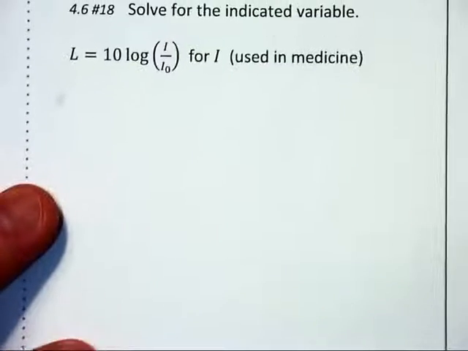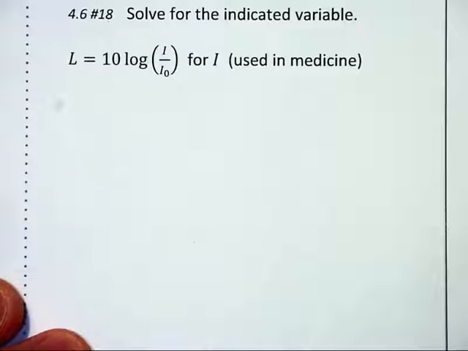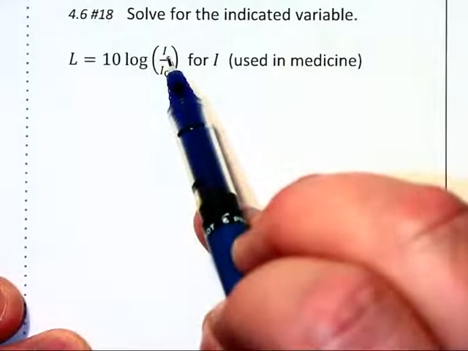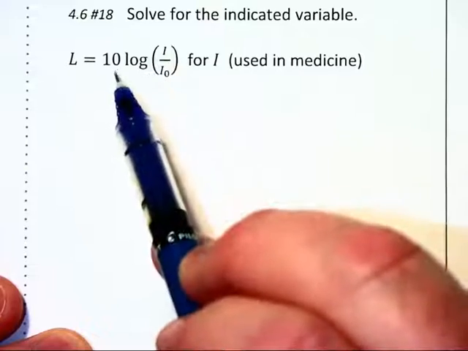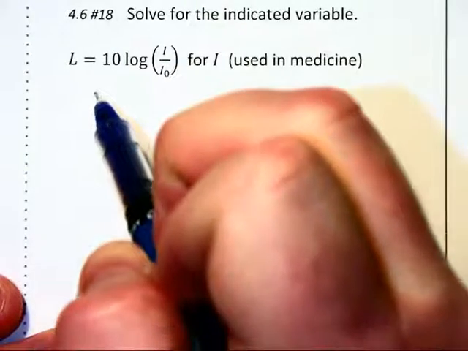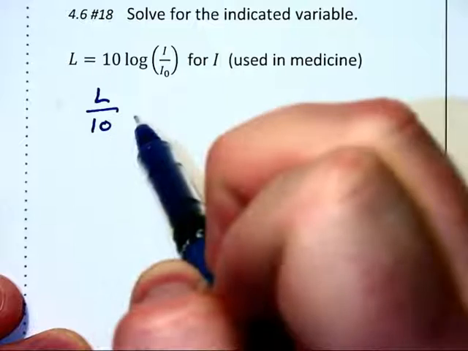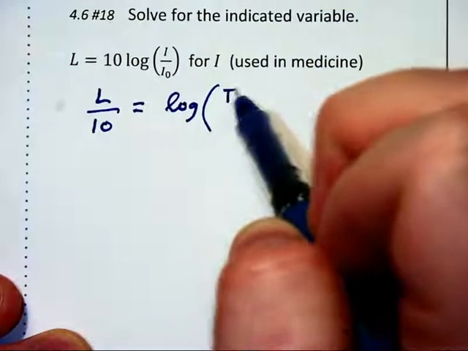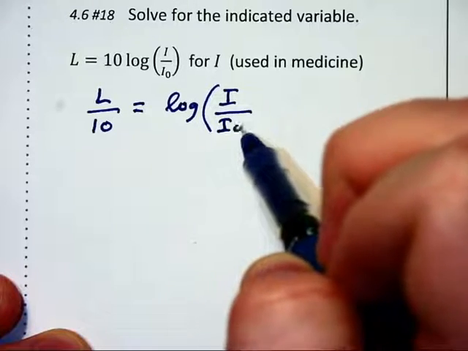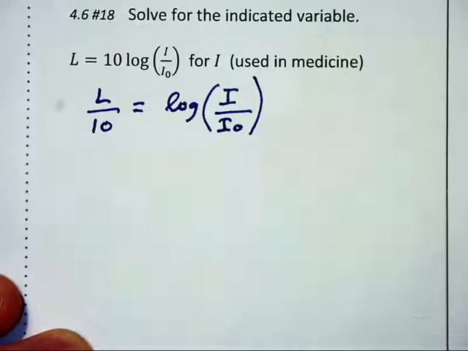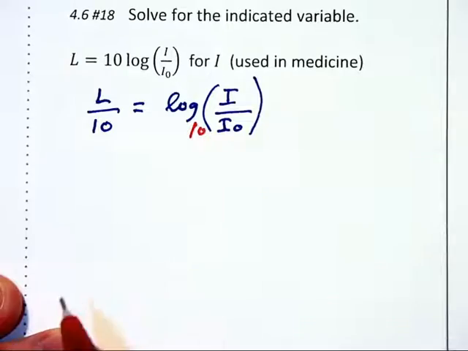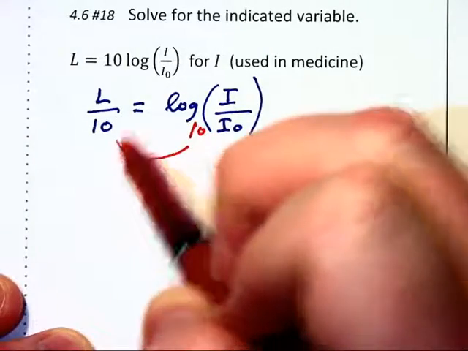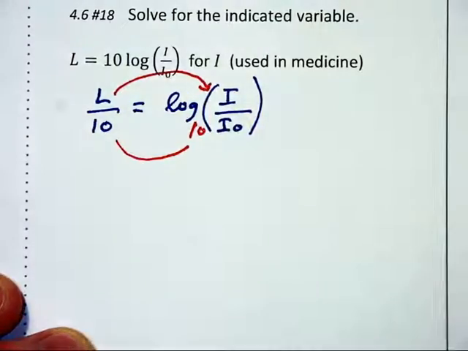Okay, in this next problem we're asked to do the same thing, but this time capital I is trapped inside of a logarithm. So we're going to begin by dividing each side by 10. That will give us L divided by 10 is equal to the log of I over I sub 0. To undo this log, let's take the base of 10 that's there and go 10 raised to the other side equals the argument.